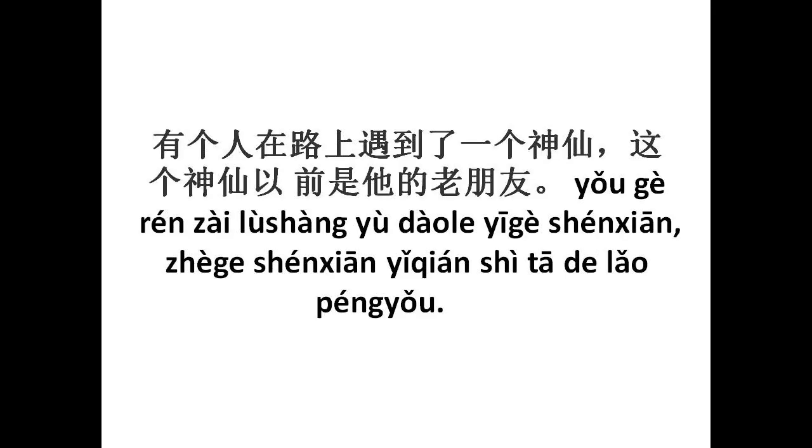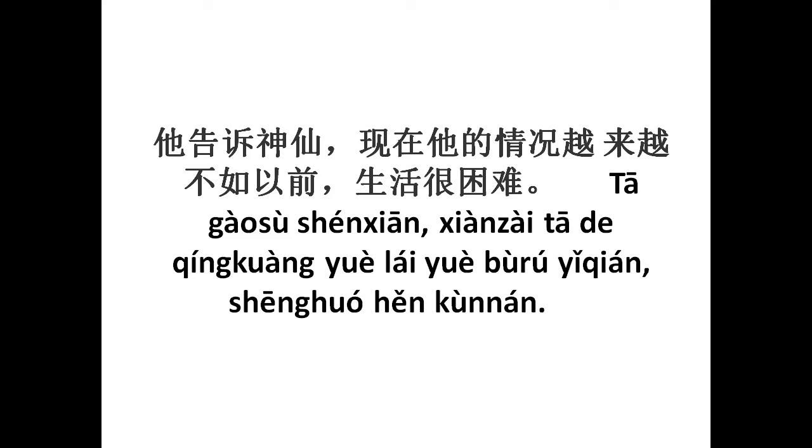Let us read the second paragraph. 不满意. 满意 is satisfied, 不满意 is not satisfied. 有个人在路上遇到了一个神仙. 有个人, some person or a certain person, 在路上, on the road, 遇到了, met, 一个神仙. 神仙 is a godly being, an immortal or godlike person. 这个神仙以前是他的老朋友. This immortal was his old friend. 他告诉神仙, so this man told the immortal, 现在他的情况越来越不如以前.